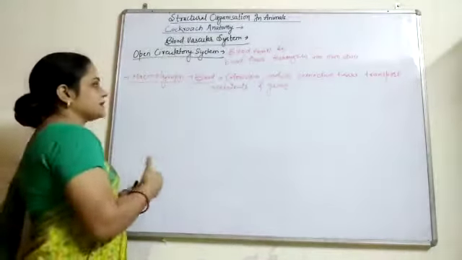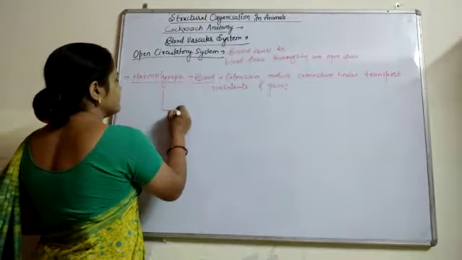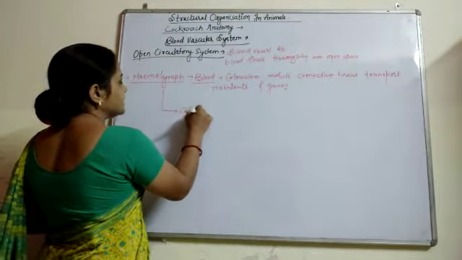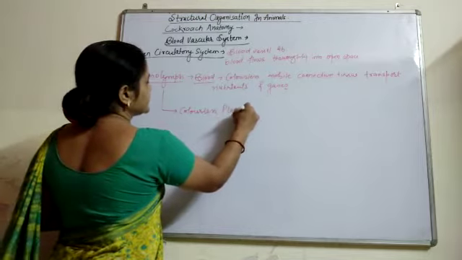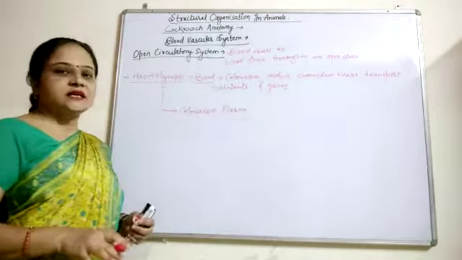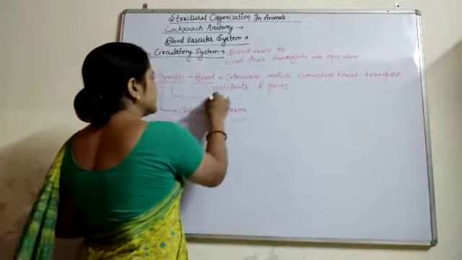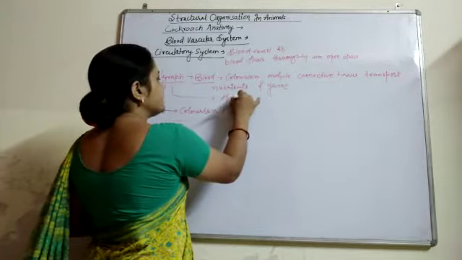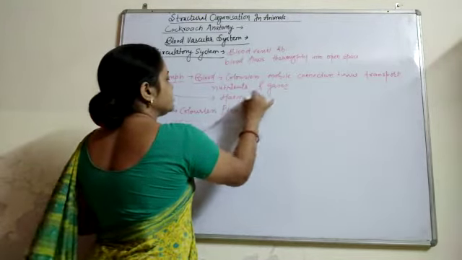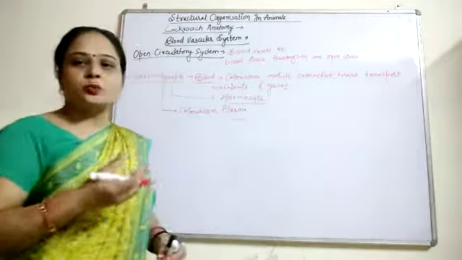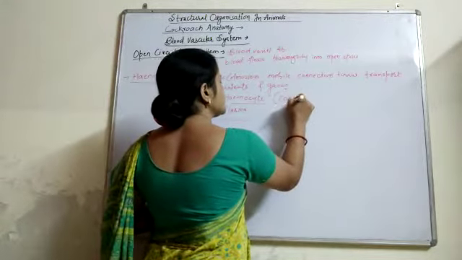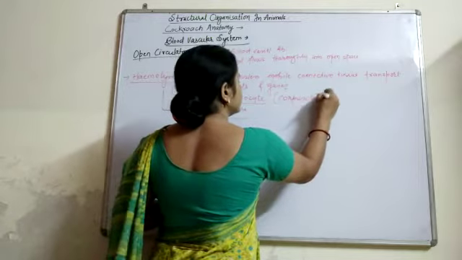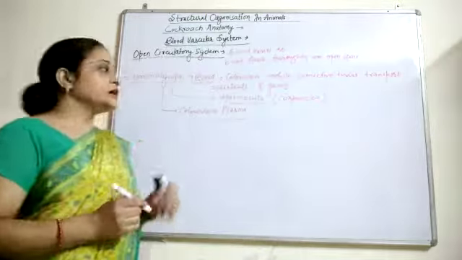So what does it contain? This hemolymph contains colorless plasma, and second, it contains hemocytes. Hemocytes means the corpuscles. This is the composition of the hemolymph.